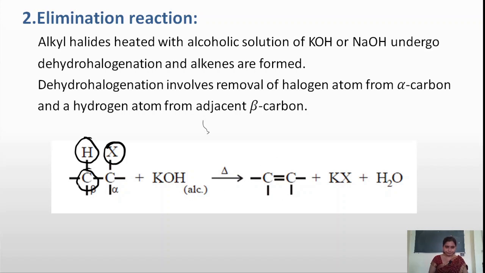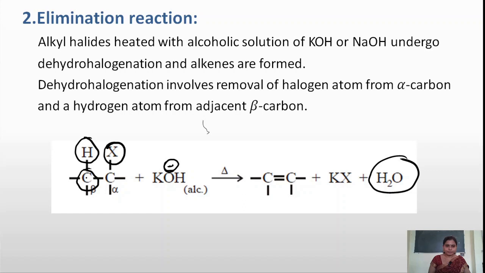In this example this is the beta hydrogen because it is attached to this beta carbon, and this beta hydrogen is attracted by this OH minus. This OH minus gets attached to this hydrogen. So there is a removal of this hydrogen, and the OH and H together form H2O here.